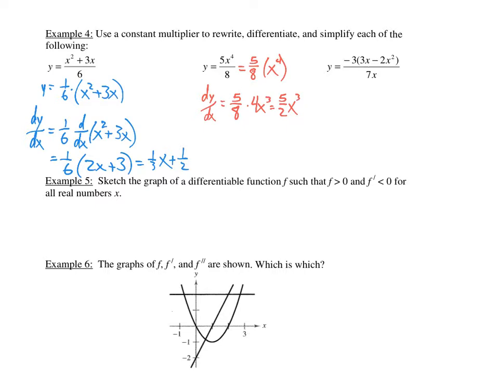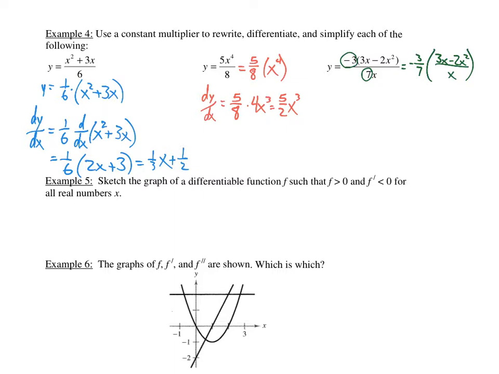Okay? Even in something like the last one here, would that be quotient rule though? We could do the quotient rule. We could also view this as something else. Watch this. If I pull out the -3/7, notice it's all multiplication, so I can view it as -3/7 times 3x minus 2x squared all over x.